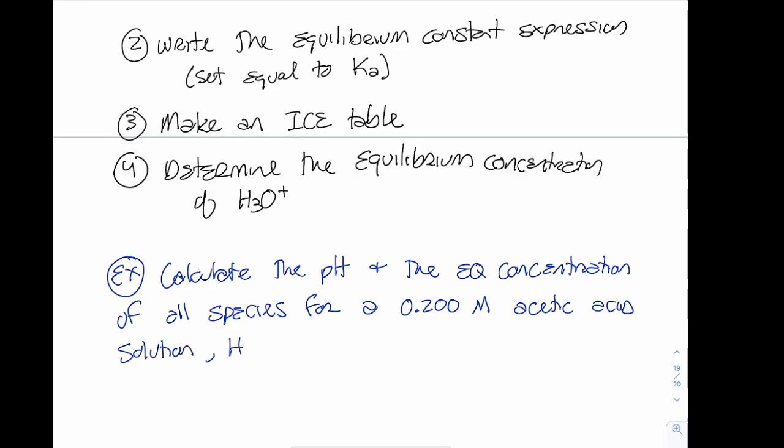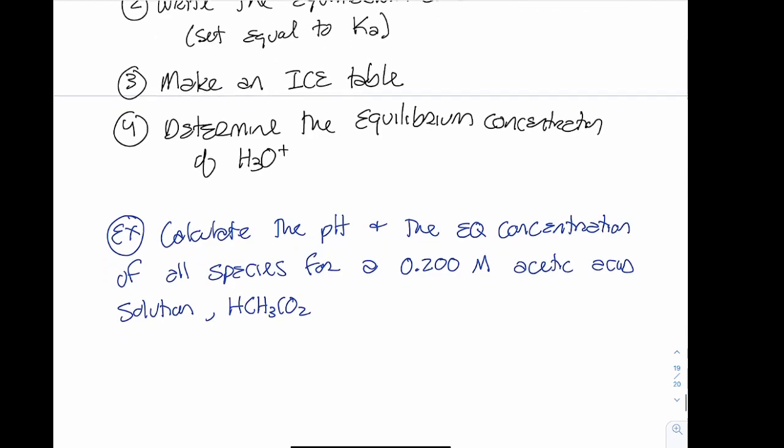And acetic acid is HCH3CO2, a very common weak acid. The Ka of acetic acid is equal to 1.8 times 10 to the negative fifth at 25 degrees Celsius.